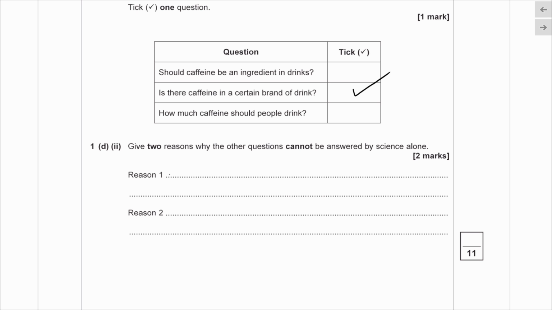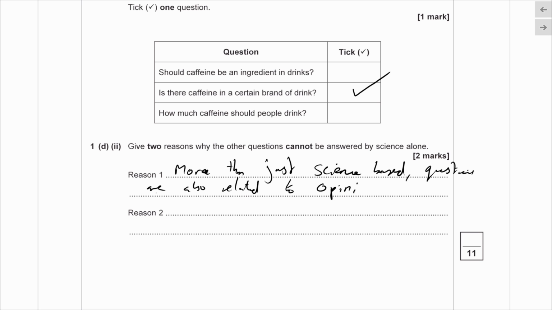So the first answer really is going to be: more than just science-based questions are also related to opinion. So the opinions of different people are going to vary, and that means that the questions can't be answered just by science.